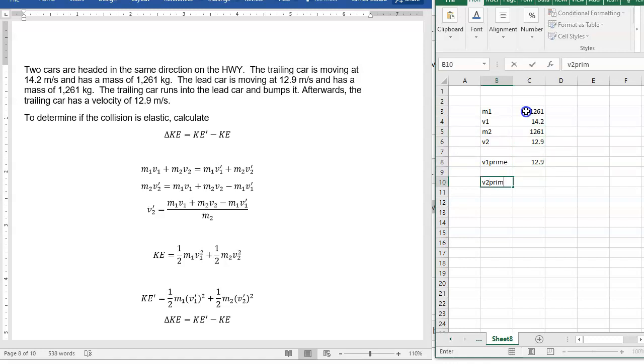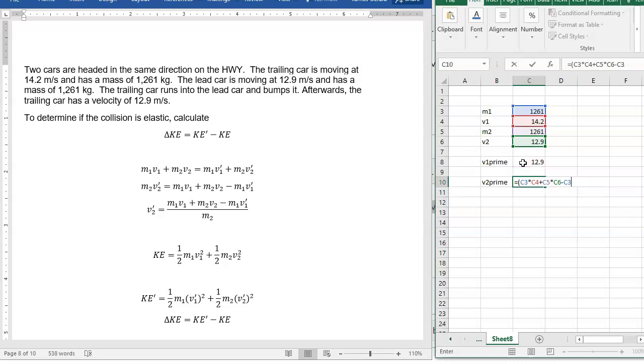So what is v2 prime? Need the parentheses because it's m1 times v1 plus m2 times v2 minus m1 times v1 prime.